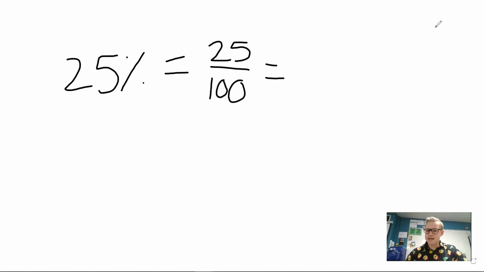And then writing it in decimal form, I would write it as 0.25 or 25 hundredths, because that 5 is ending in the hundredths place. So 25% is percent form, 25 over 100 is the fraction form, and 0.25 is the decimal form. So that's example 1. Example 2 says write 75% as a reduced fraction.